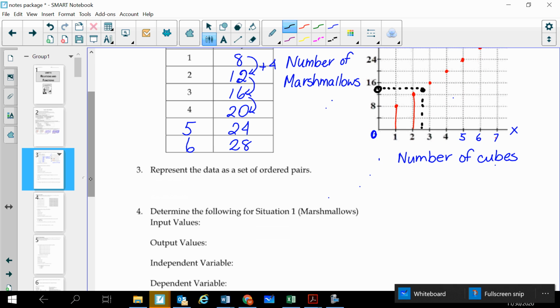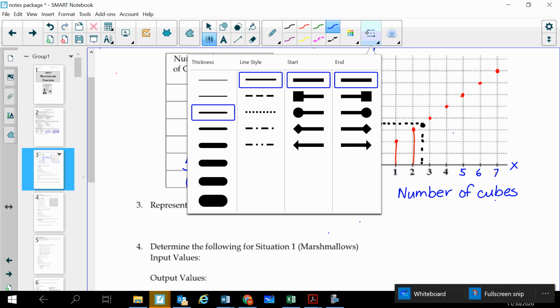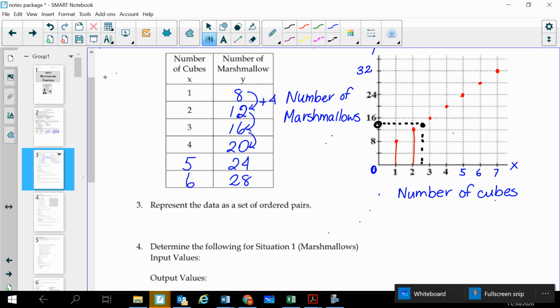First of all, let's represent the data as a set of ordered pairs. When we are writing a set of values, we open up curly brackets. This tells us that we have a set of values. When I'm writing ordered pairs, they have to be in brackets. We always write our x value first and then our y value.